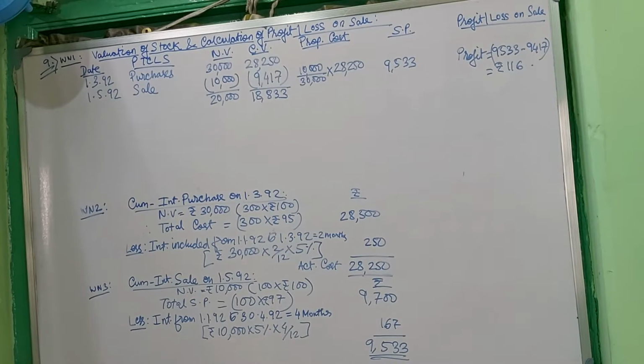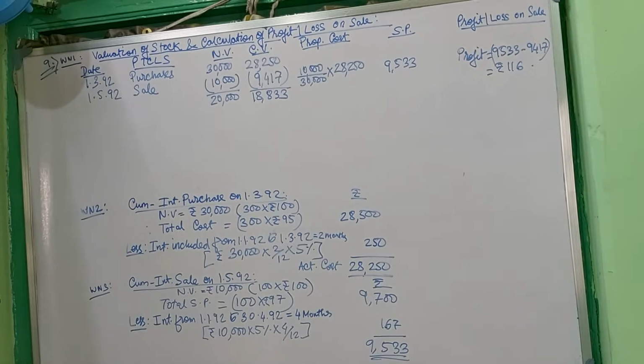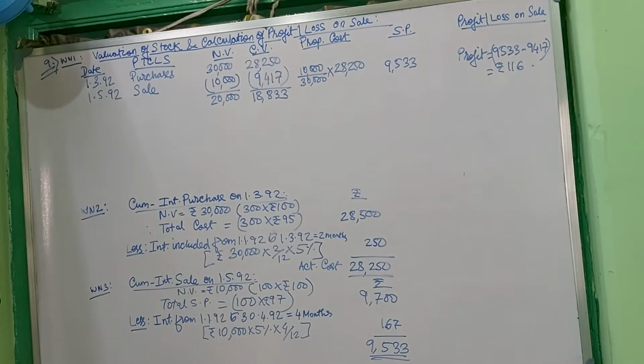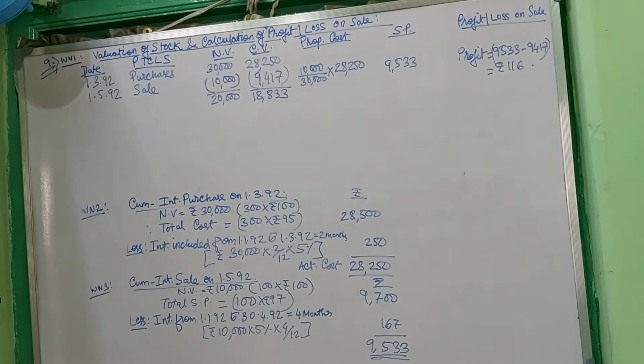Means 31st December is the last accounting day, but you are closing the account 20 days before, means 11th of December. Okay, so it's a 5% government bond.